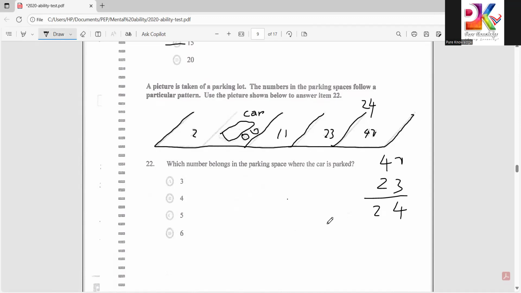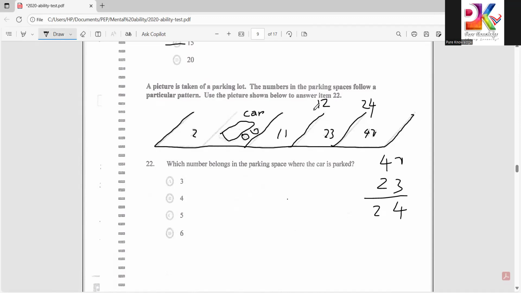But in this case, I'm just going to work it from my head. So this one would be 12. All right, so right away now, we see what's the pattern between 12 and 24. When 12 is doubled, we get 24. So that's a pattern.